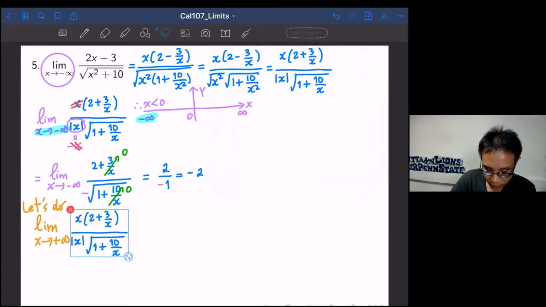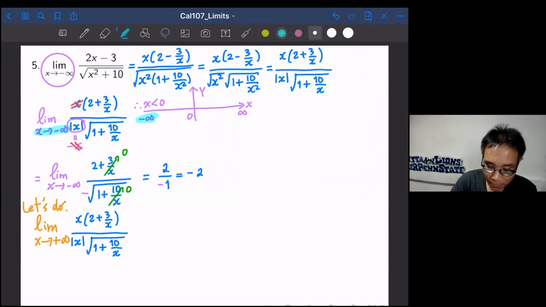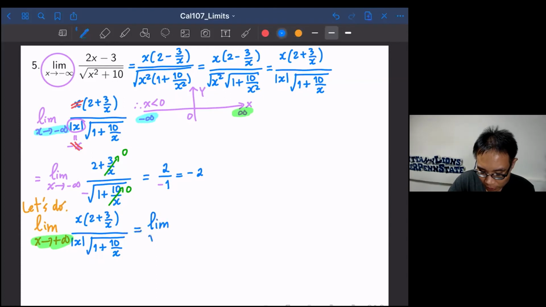If x goes to positive infinity, it means that you are on this side, positive infinity. And for this one, you're going to have the limit as x goes to positive infinity.